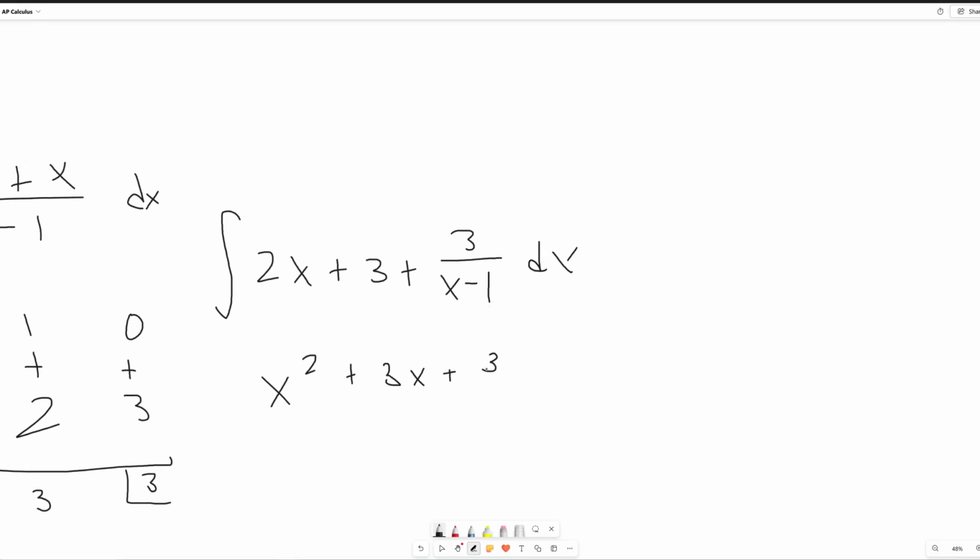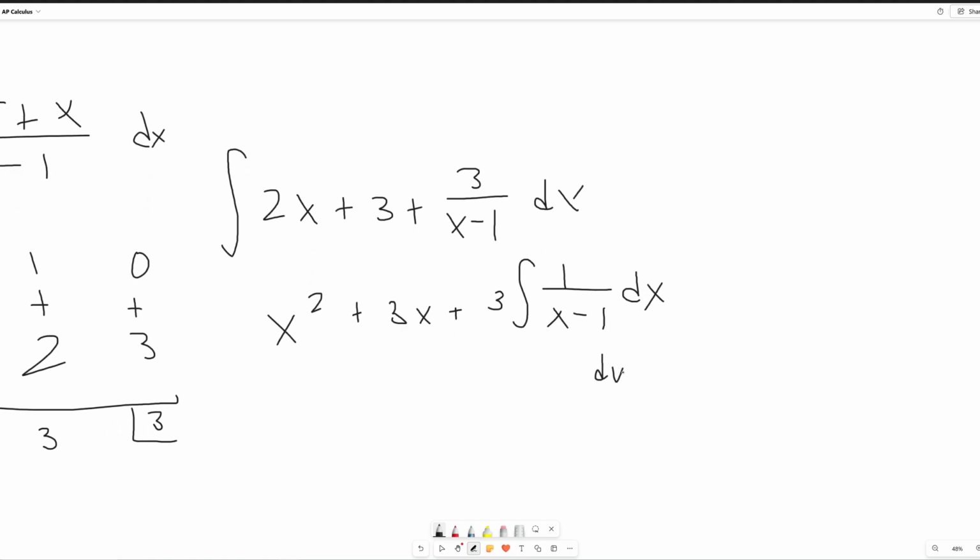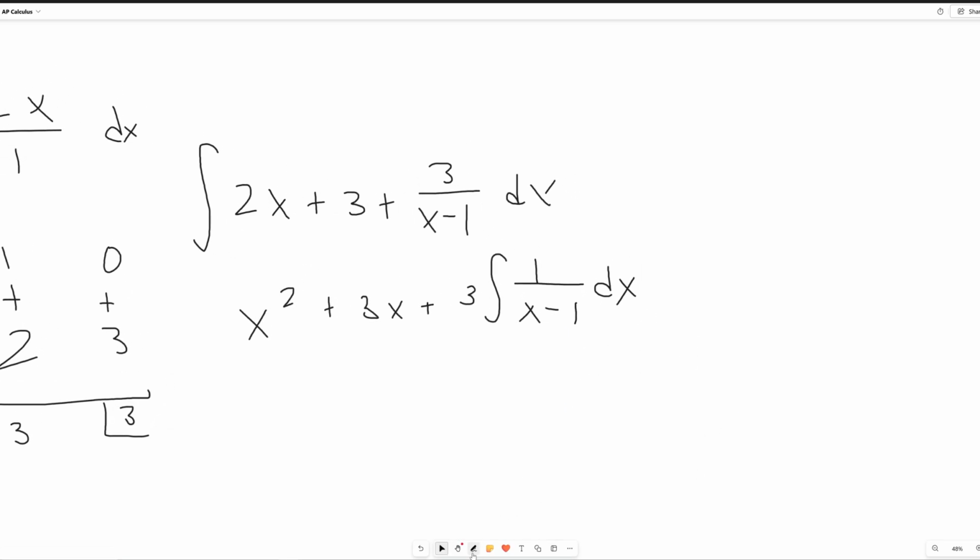And then here, since nothing is crazy about this, we just have x minus 1 on the bottom. You have 3 times the integral of 1 over x minus 1. So you could u-sub this if you want to, but then you're just going to have du equals dx, because the derivative of this is 1. So instead of u-subbing, here's a little trick.